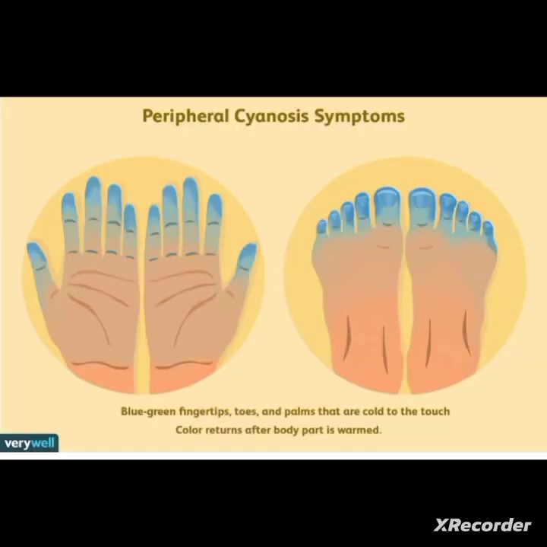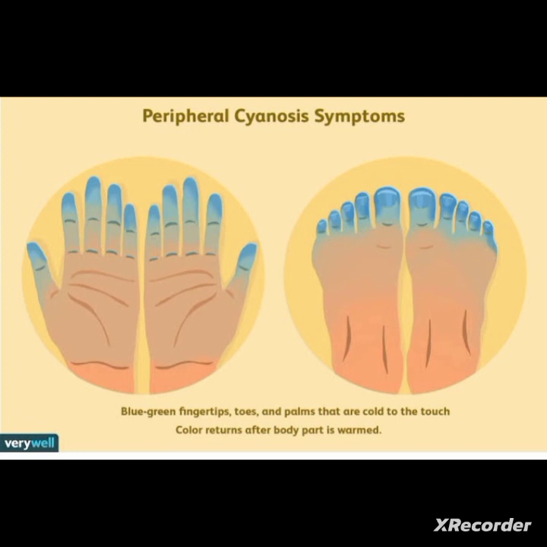Next one, peripheral cyanosis. In peripheral cyanosis, there are blue-green fingertips, toes and palms that are cold to touch, and color returns after the body part is warmed. So, peripheral cyanosis means bluish discoloration of fingers, palms and toes. That means the extremities take on a bluish appearance.